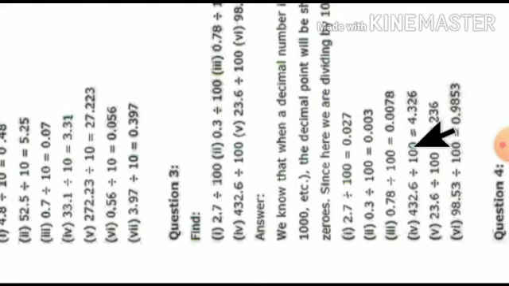Here 2 zeros are there, so point will shift here, so it will become 4.326. Now 23.6 divided by 100 equal to, again 2 zeros, so point will shift here, it will become 0.236. Now 98.53 divided by 100 equal to, this point will shift here, so it will be 0.9853.